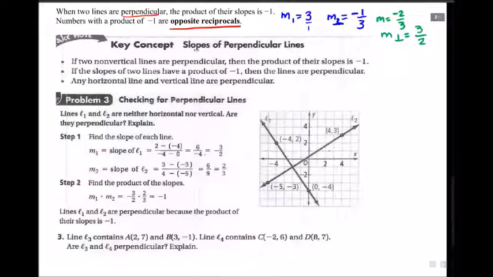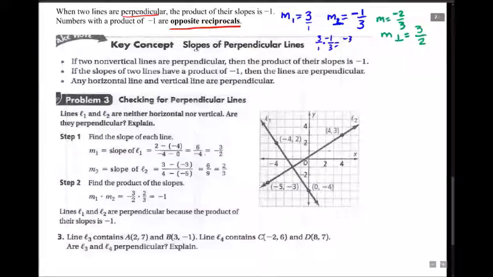And if you look here, what is 3 over 1 times negative 1 over 3? That's a negative 1. Negative 2 over 3 times 3 over 2. We can actually look at that. 3 over 1 times negative 1 over 3 is negative 1, right? Our 3's cancel. We should probably do it properly if we're going to do it.